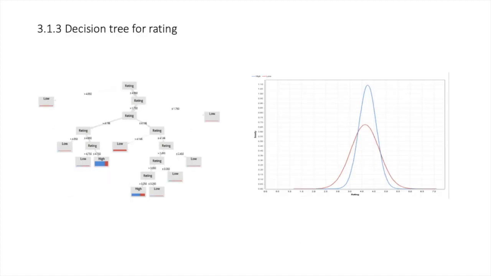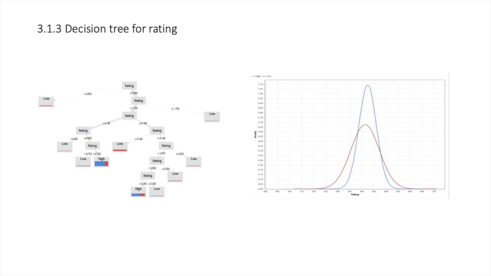The second part, we're going to talk about the decision tree for rating, which can show the impact of rating attributes on installs or demand level. The decision tree of attribute rating exhibits the relationship between the amount of installation and the application rate.